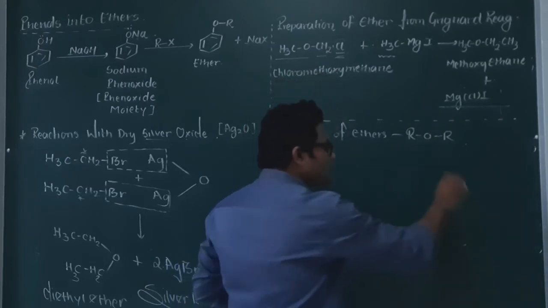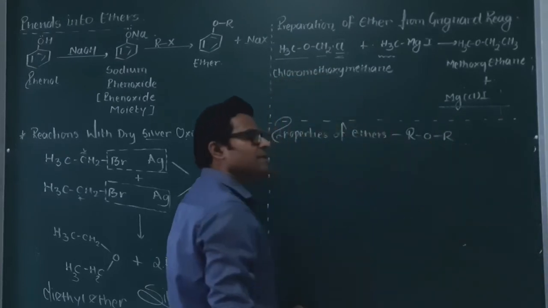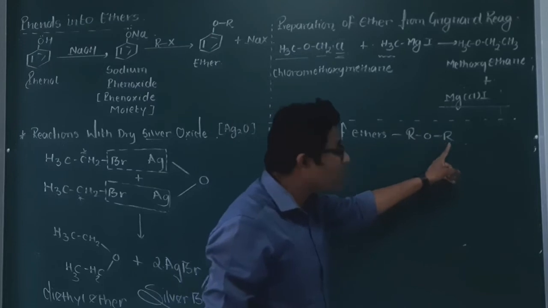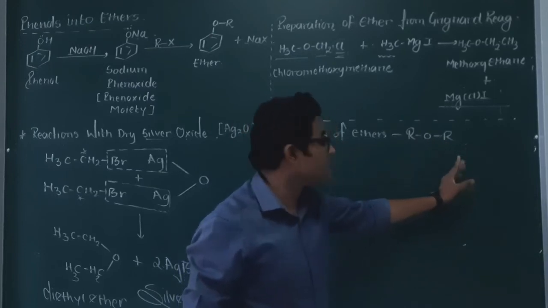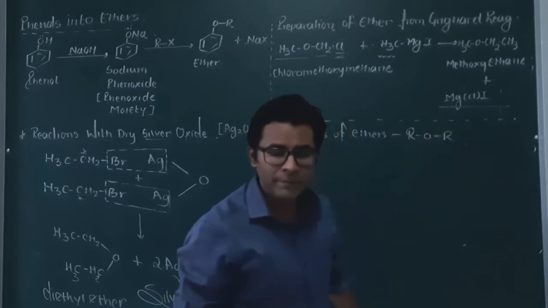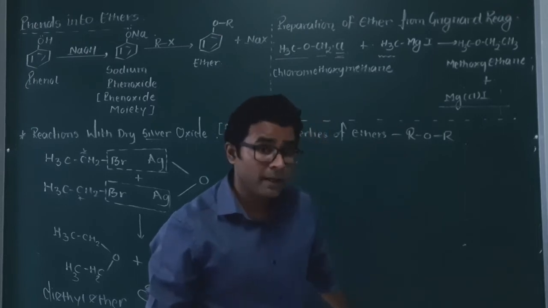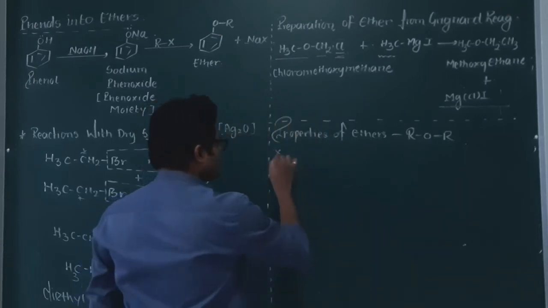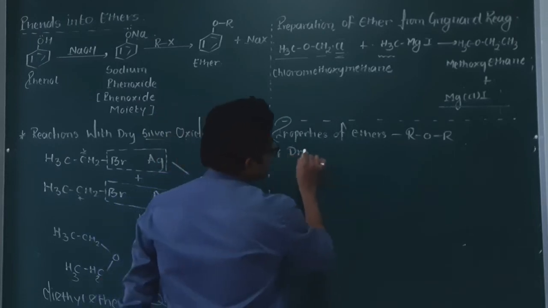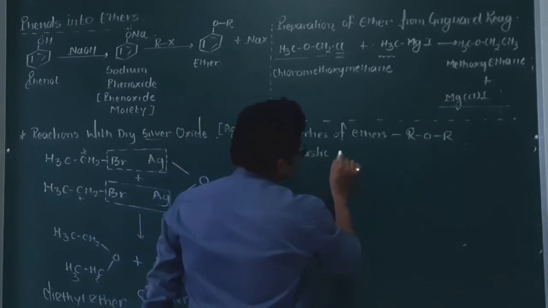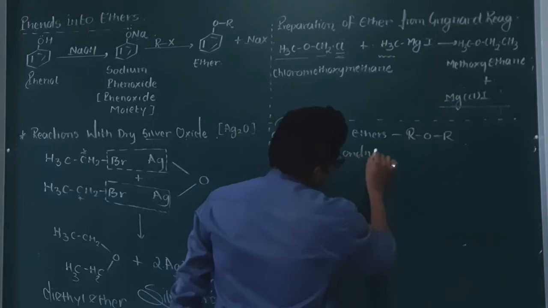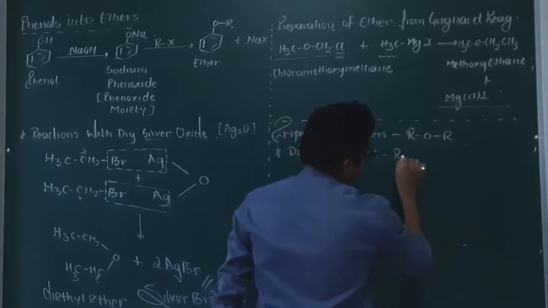Due to this low reactivity, the bonds are not easily cleaved, meaning not easily broken, due to which drastic conditions have to be applied. So it requires drastic conditions in order to undergo reactions.